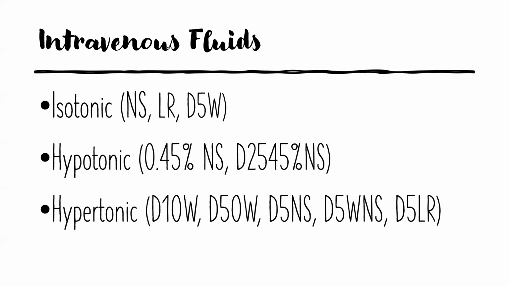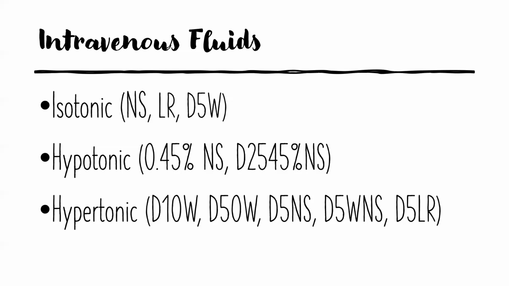So the different types of hypertonic solutions that you may see, and these are not frequently given, well, they may be depending on your type of care, but as a normal everyday use, we don't see these every day unless you're in a critical care setting, if you're an ICU nurse.